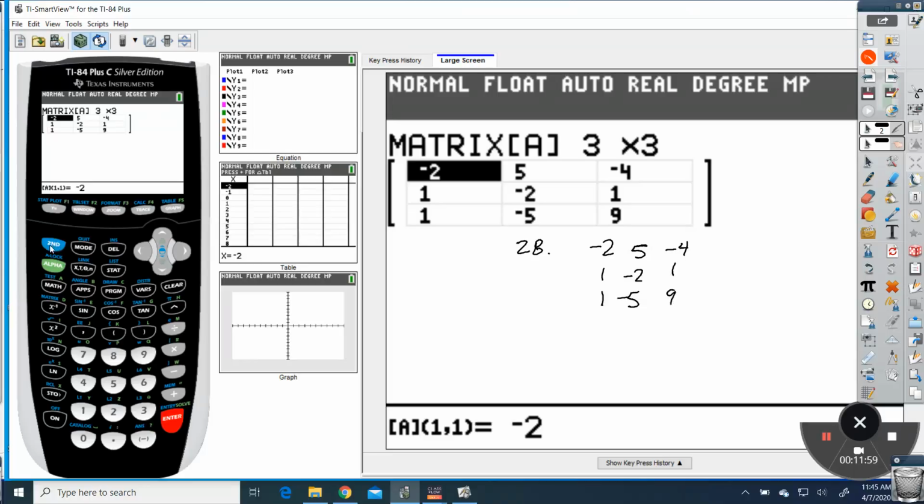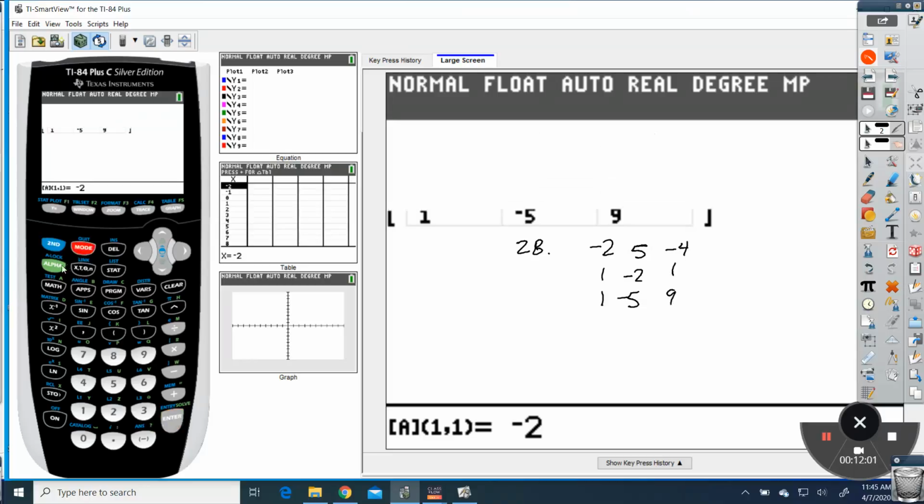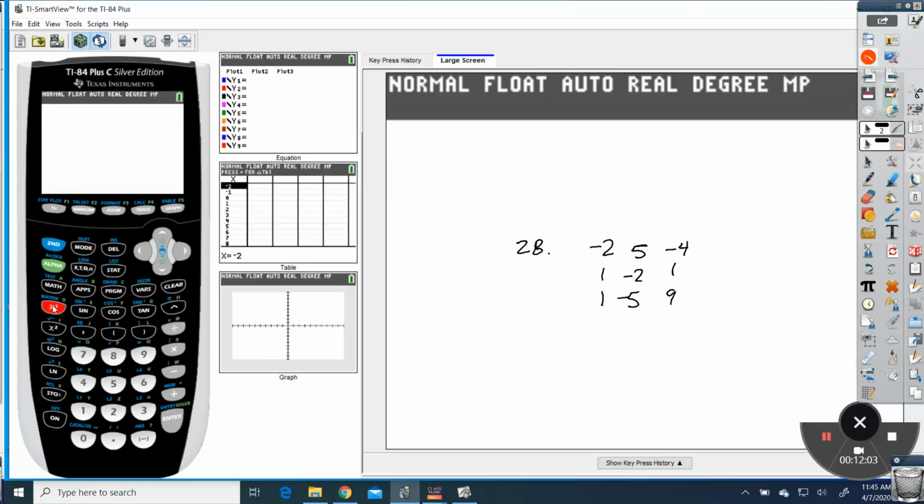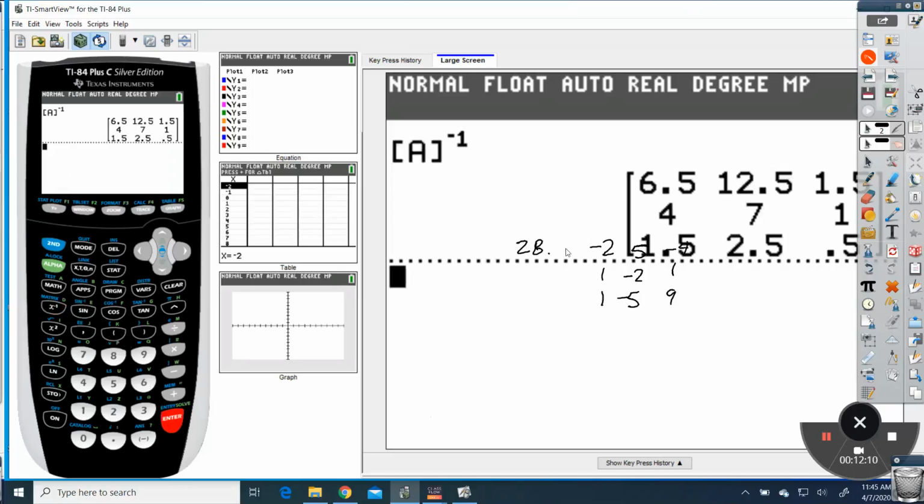So now I go out of my matrix. I go back to my matrix. I choose A, hit the inverse, enter. And if I don't like all these decimals, I hit math, enter, enter.